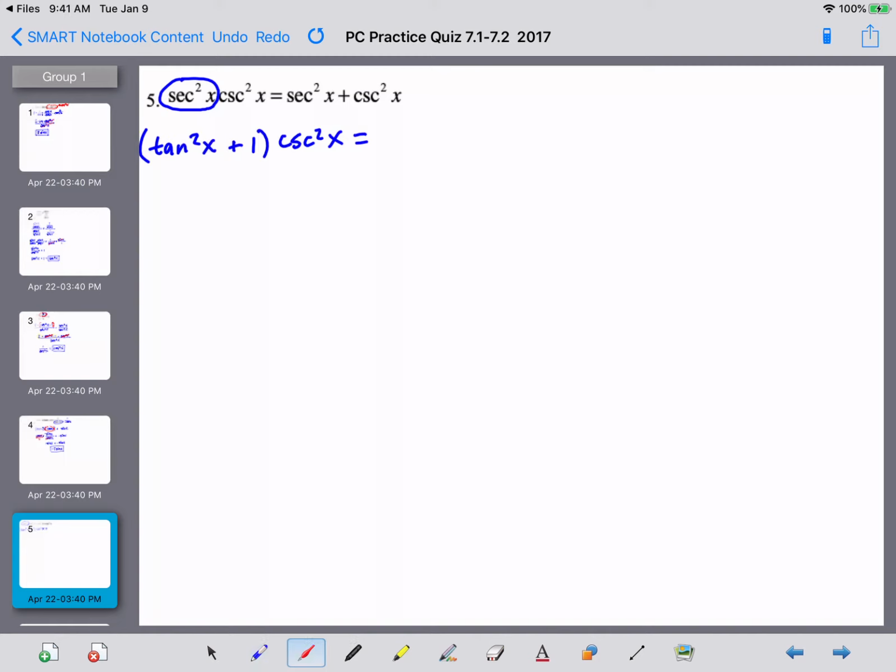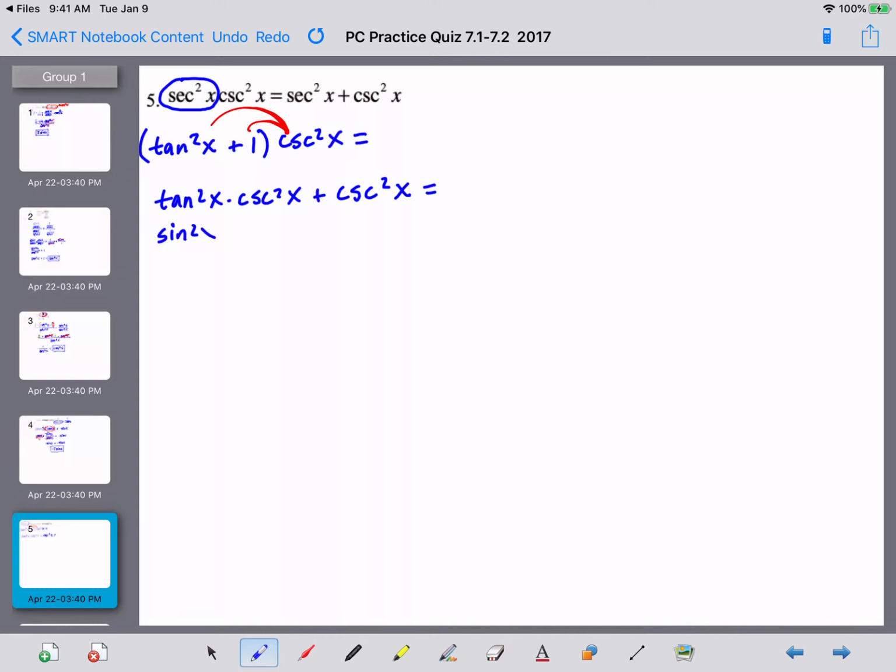Next, we can distribute this cosecant x into here. So we end up with tan squared x times cosecant squared x plus cosecant squared x. Alrighty, and then we can turn this into sine and cosine.